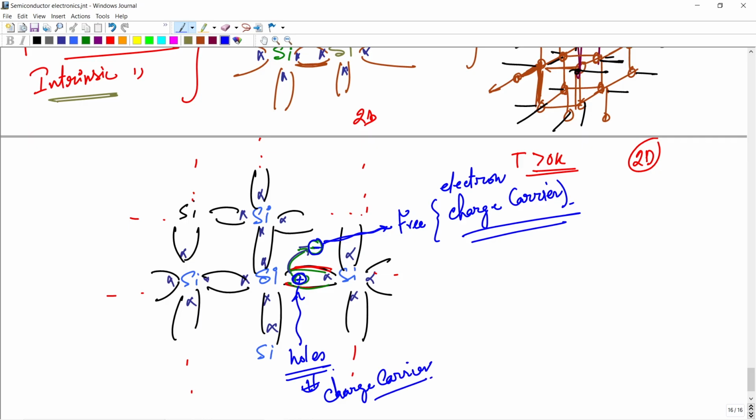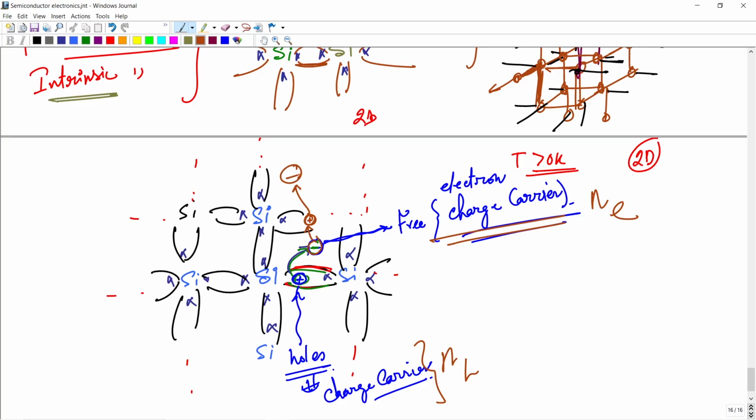Okay, so here we see the number of free charge carriers of electrons, suppose we say that is Ne, and the number of hole charge carriers is Nh. Now the free electron strikes another, and the process continues. The electron moves free in that direction and creates a hole, a positive charge.